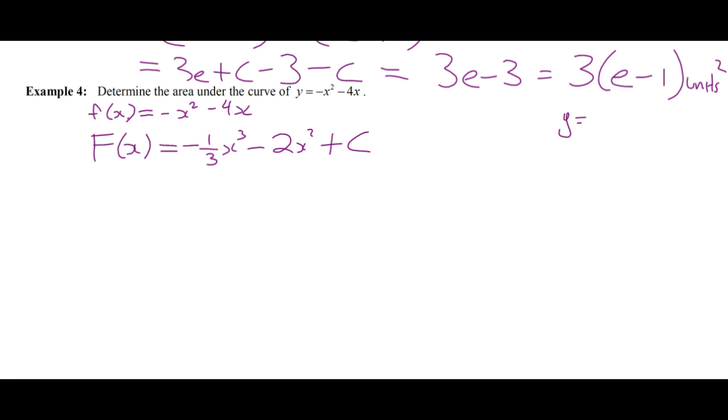We've got y equals negative x squared minus 4x. So let's factor it: negative x times (x plus 4). Let's find the zeros, right? Really what we're looking for is the area of this curve which is above the x-axis. The zeros are 0 and negative 4, right?